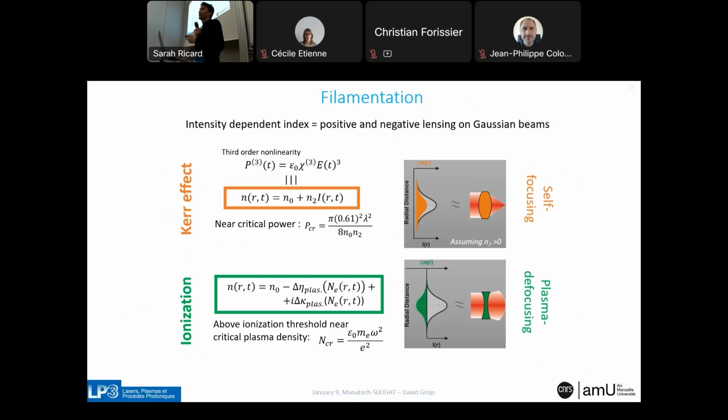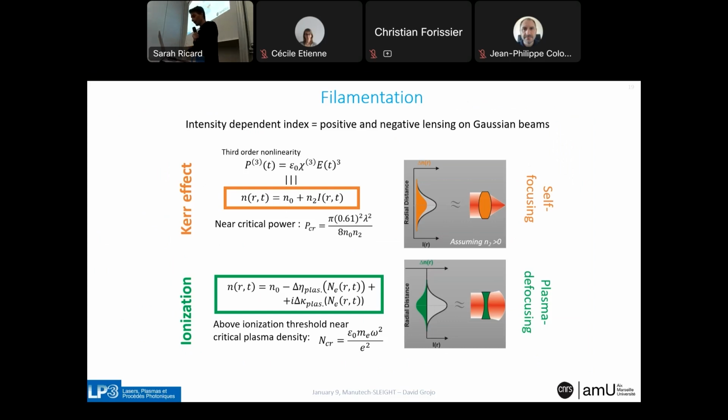And it's obvious that the free carrier density is higher where the intensity is at its highest level. So the same way the intensity has a Gaussian profile, the free carrier density also has a kind of Gaussian profile. It will create not a positive focusing effect, but a defocusing effect thanks to this negative term.